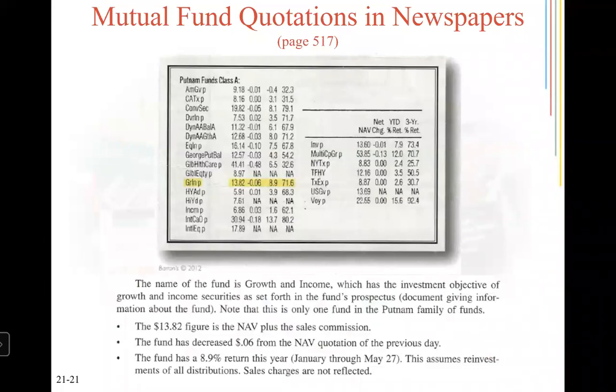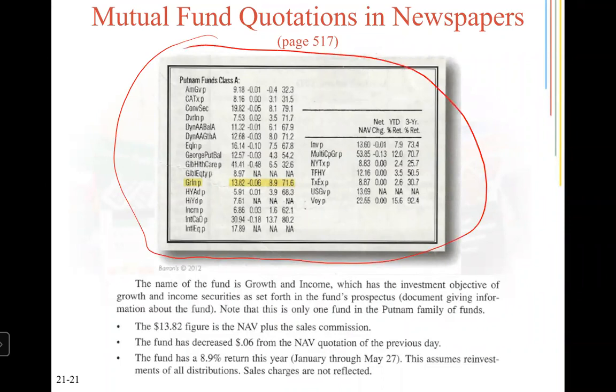Because the mutual fund is combined of several stocks and or bonds, they tend to be in these groups. So you'll see here, it's not going to be just one. In this case, it's a whole group of different funds. So it says here the name of the fund. If you look at the top, this is the group Putnam Funds. That's the name of the mutual fund.